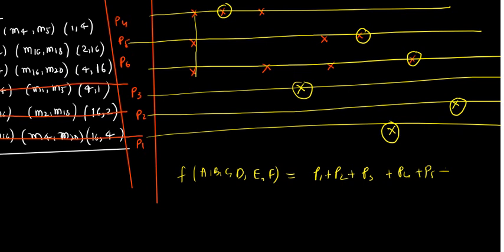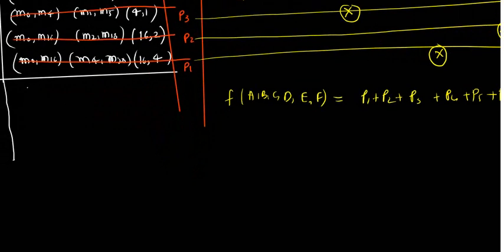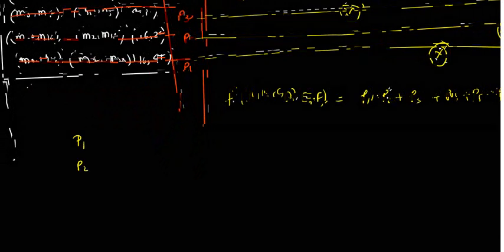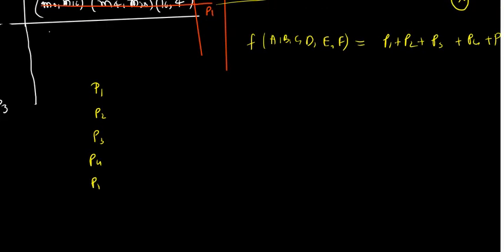Next job is to see how to read these, right? So let's do it separately, in a clean way. P1, P2, P3, P4, P5, P6. Here we have 1, 2, 4, 8, 16, 32.